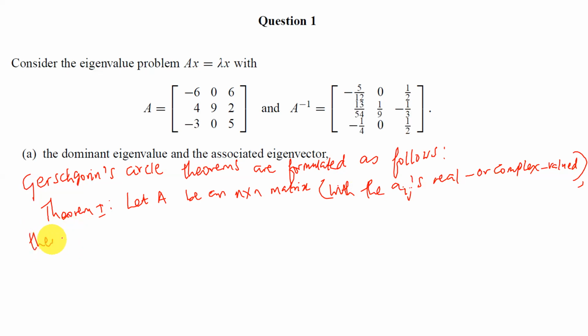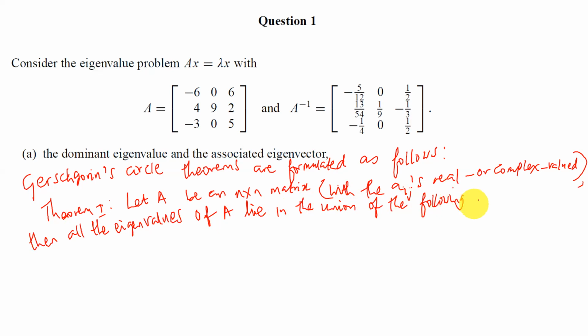Then all the eigenvalues of A, okay, this is a very important theorem in terms of the classification of the eigenvalues of the matrix A. So then all the eigenvalues of A lie in the union of the following n disks in the complex plane.